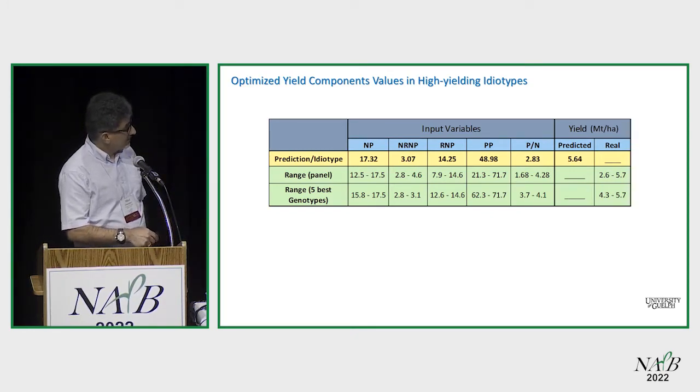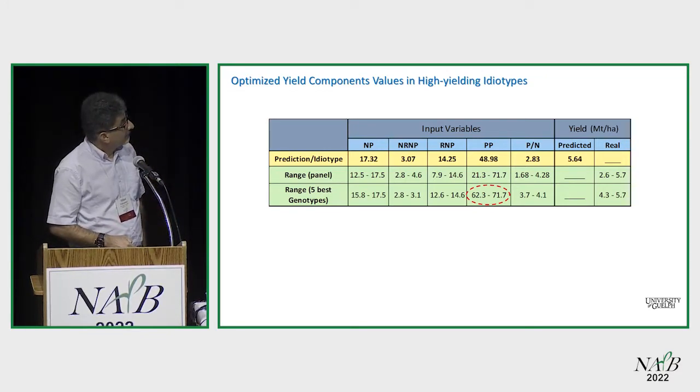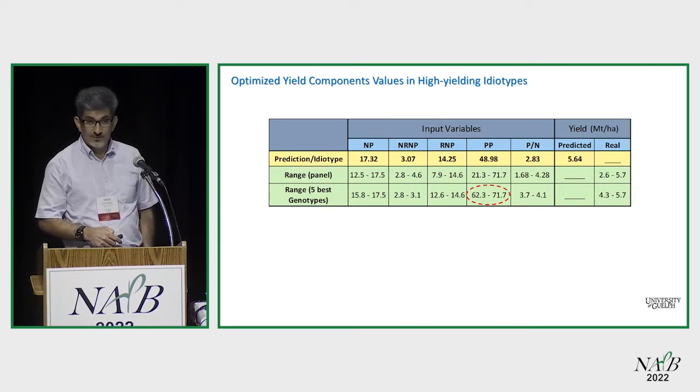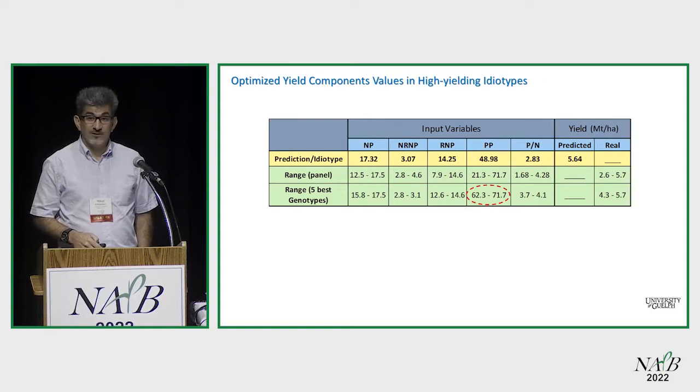Everything is good except the number of pods per plant, where the optimum value based on this prediction is about 49, but among the 5 genotypes, it's over 60, up to 70 pods.